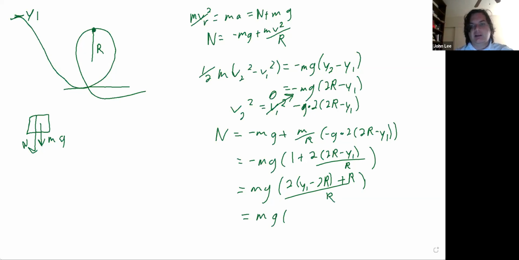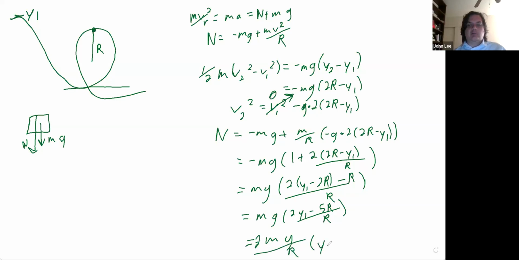Sorry, I'm making a lot of quick algebra mistakes. Mg times 2 y1 minus 5r over r equals mg times y1 over r, or equals 2mg over r times y1 minus 5/2 r.